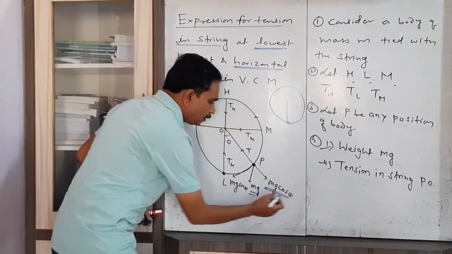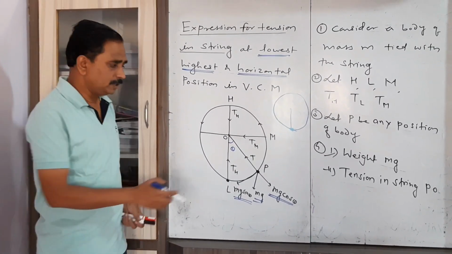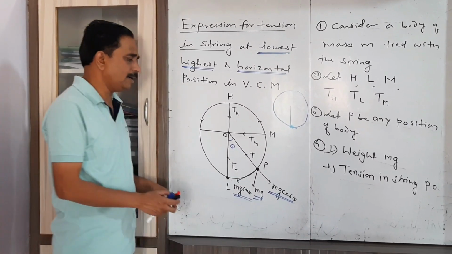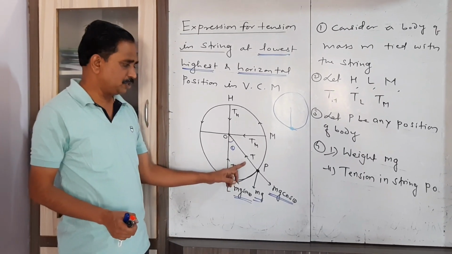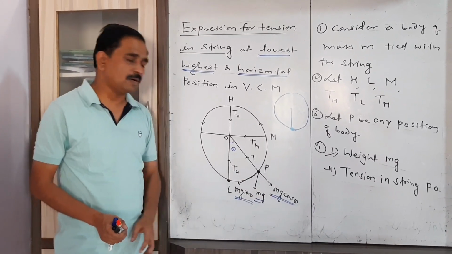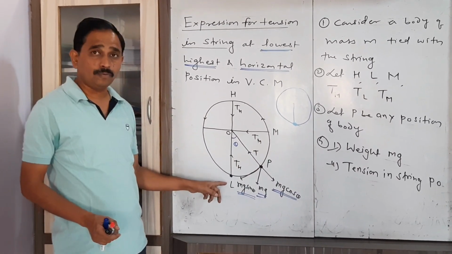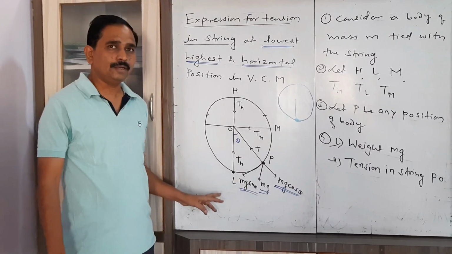Obviously, that is mg cos theta and mg sin theta. Now this mg cos theta acts anti-parallel to the tension, and the difference between tension and this mg cos theta provides us the necessary centripetal force for the vertical circular motion of that body.